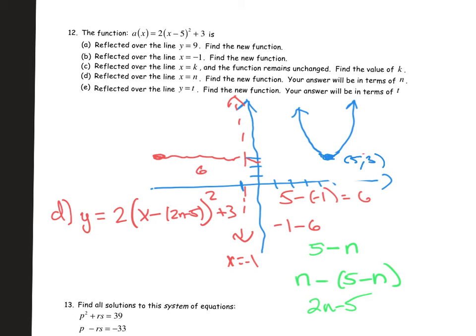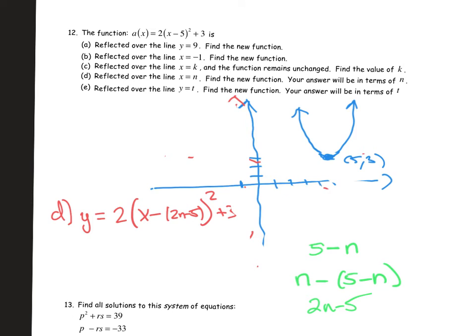I'm just going to erase the things I don't need. I don't know why that's not erasing here. Let's try this one more time. Oh, there we go. Okay. I just want to make some room here.